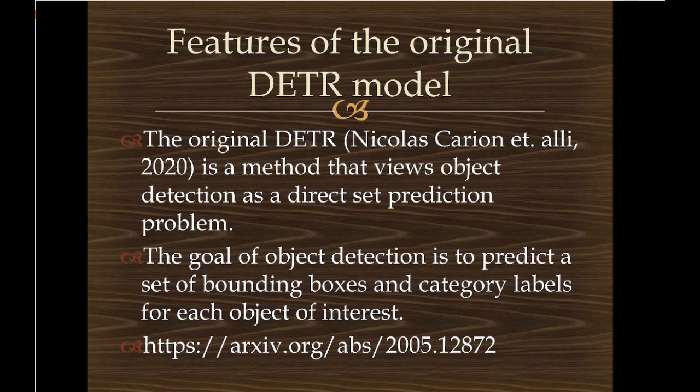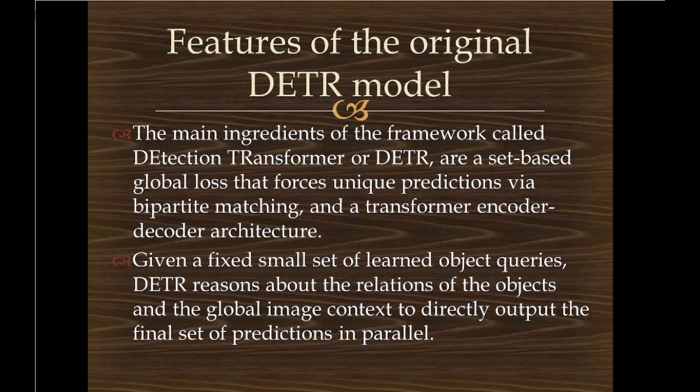detection as a direct set prediction problem. The goal of object detection is to predict a set of bounding boxes and category labels for each object of interest. The main ingredients of the framework called detection transformer, or DETR, are a set-based global loss that forces unique predictions via bipartite matching, and a transformer encoder-decoder architecture.